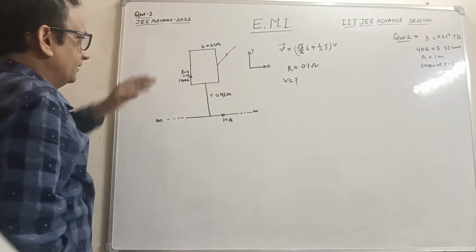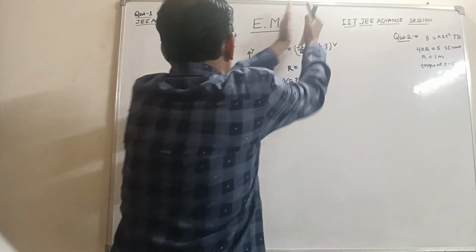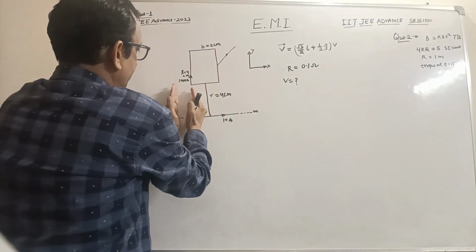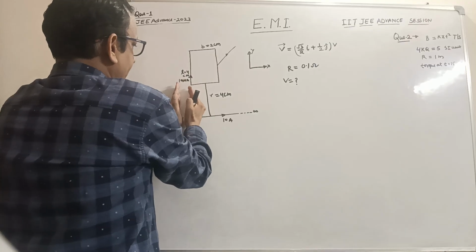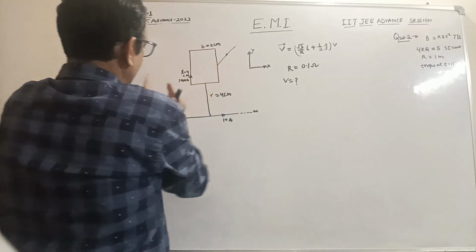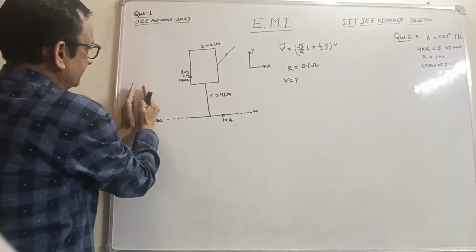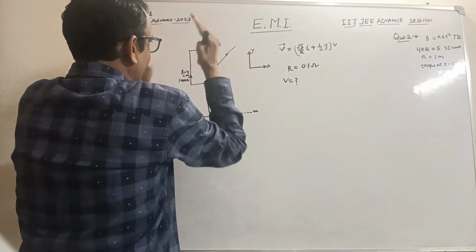So the scenario is this: the loop is moving in such a way. Suppose the loop starts from here, and after some instant the loop moves here.